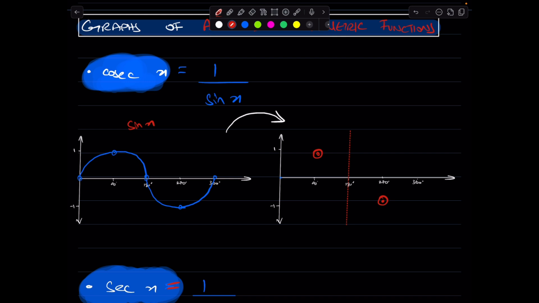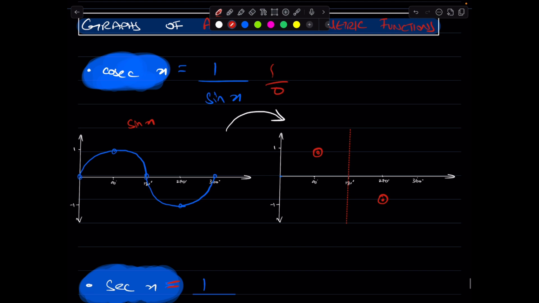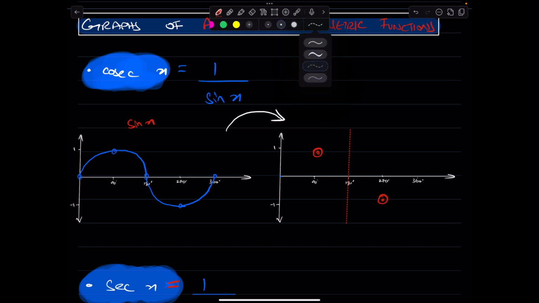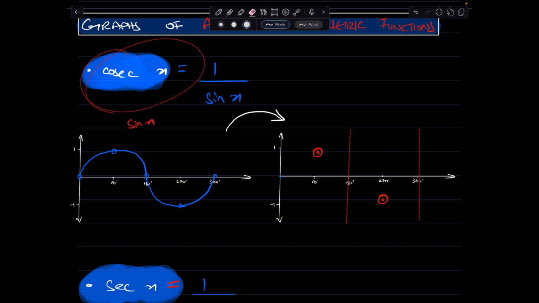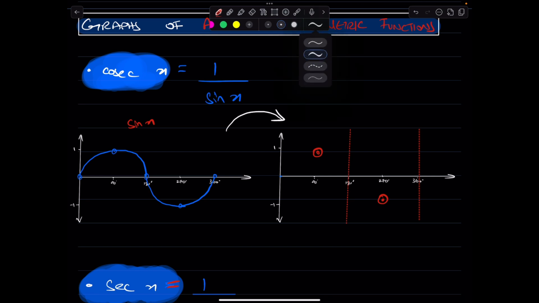And then at 360 we have 1 over 0 yet again, which is going to be infinity. 1 over 0 is infinity and 0 over 1 is 0, just to clarify. And then let's make an asymptote since we have an infinity at 360. So the graph of cosec would look something like this.